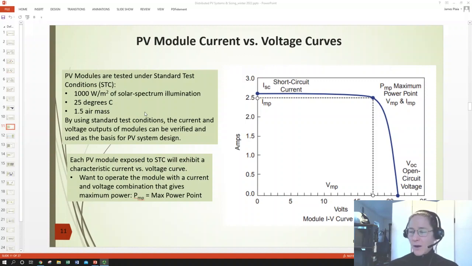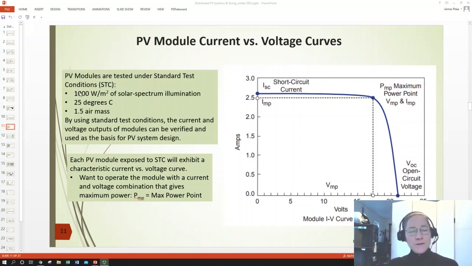How can you compare them if they change depending on how much sunlight they get and what temperature they're being used in? Well, easy. There are standard test conditions known as capital STC. And these are standard conditions of photoelectric generation that are used to standardize, we'll use that word a few more times, different photovoltaic modules. So you can compare apples to apples when you go shopping for modules.